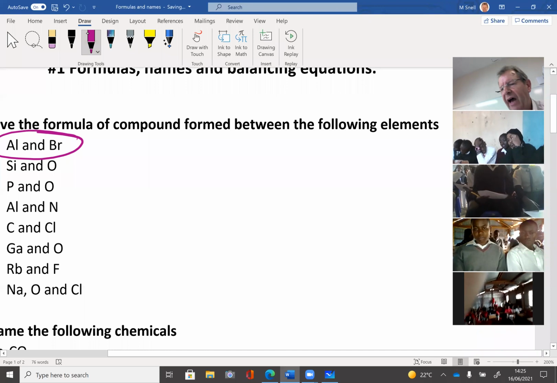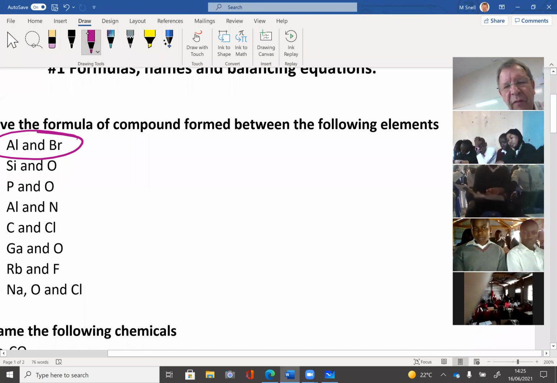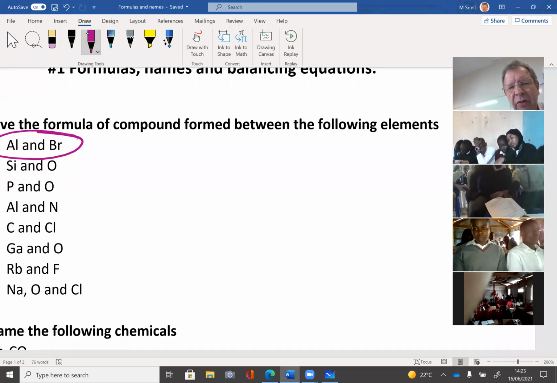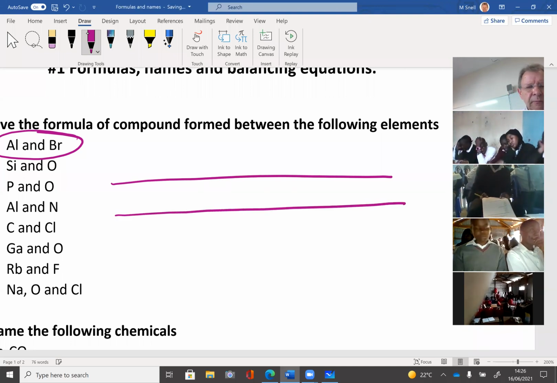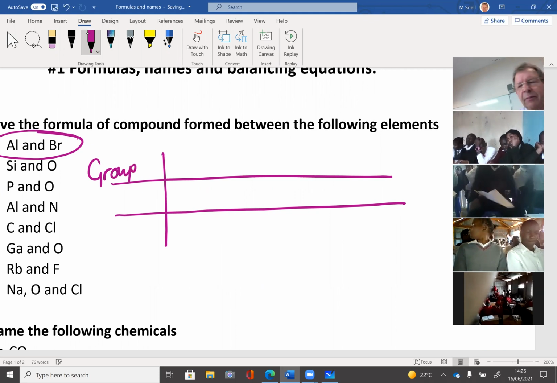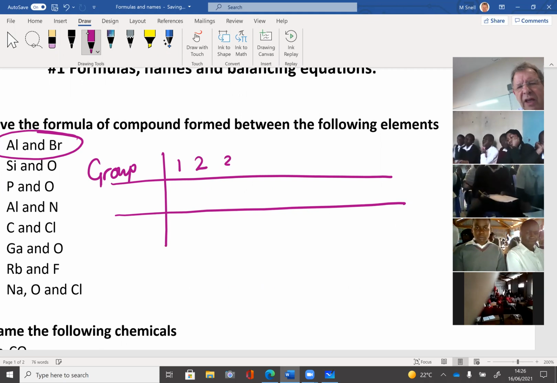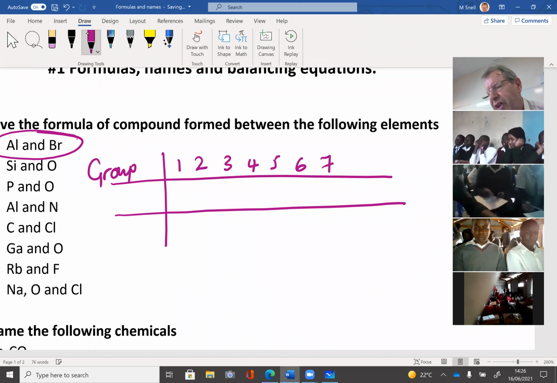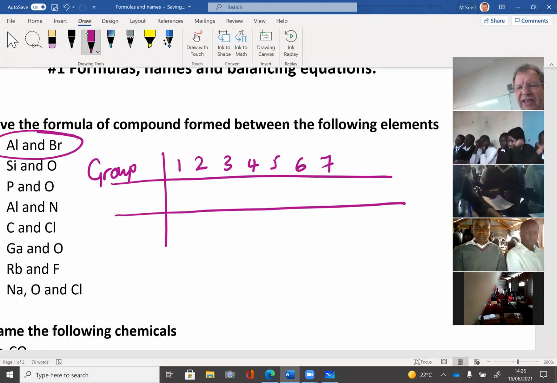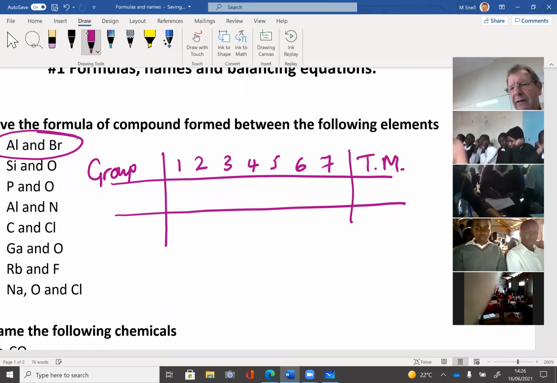And what I do is I have to know their valency. Valency is the number of bonds it will form, or it's the charge. And what I do is a table that goes like this. If I look at the group in the periodic table, the groups go across 1, 2, 3, 4, 5, 6, 7, and then 0. 0 I'm not terribly interested in, but I'm going to add to this the transition metals.